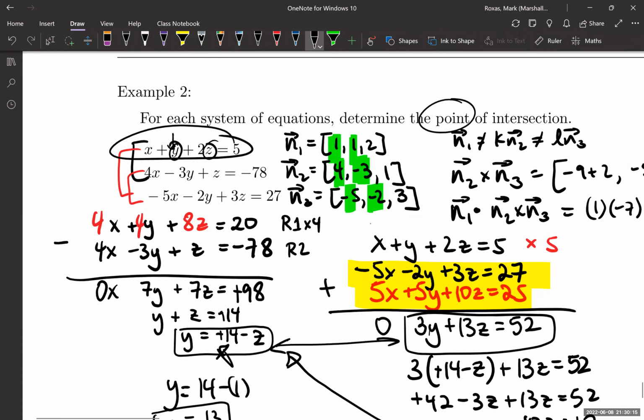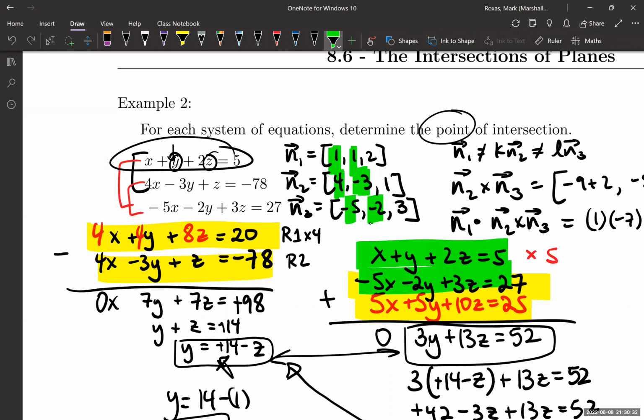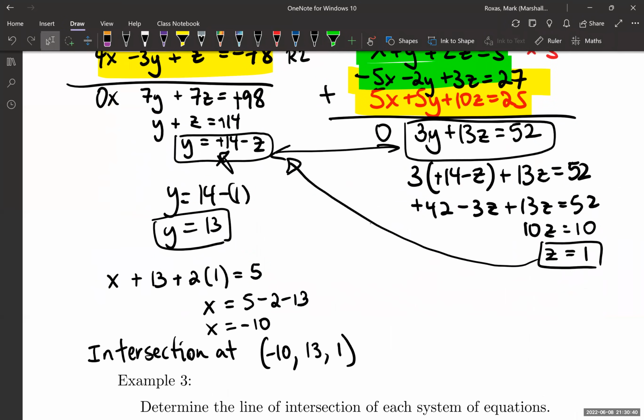Because if you forget, remember I said, look at these. I worked with equation 1, then equation 1 and equation 2. If you did that over here, if you worked on equation 1 and then equation 2 again, or some mistake happened where you're just looking at 2 equations instead of all 3, you could end up with the wrong answer.